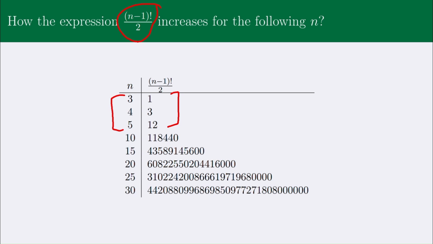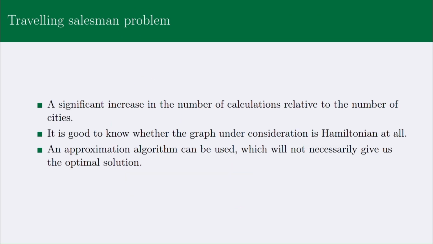But for 20, 25, 30, the numbers are enormously big. So the biggest problem is the drastic increase in the number of cases for a larger number of vertices. As you can see here, these are absolutely enormous numbers. So to sum up, there is a significant increase in the number of calculations relative to the number of cities, as I've shown you on the previous table.